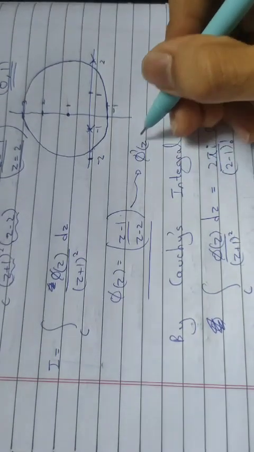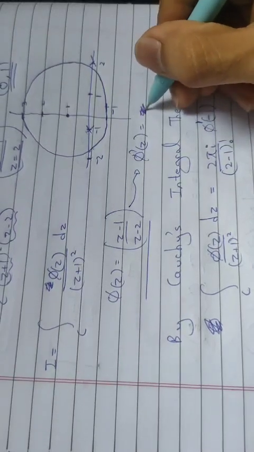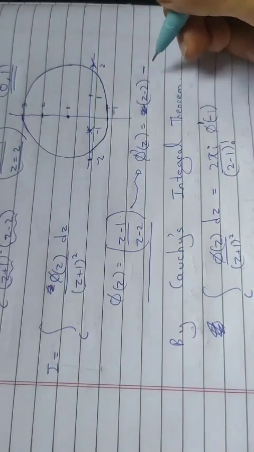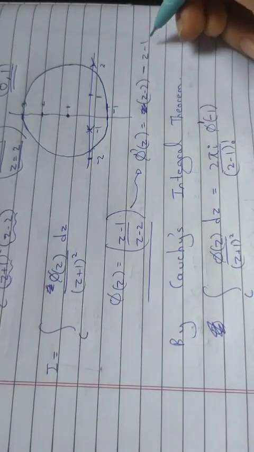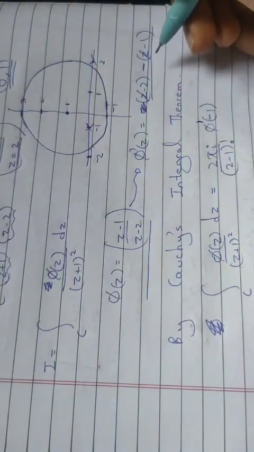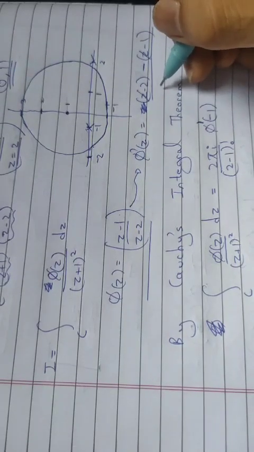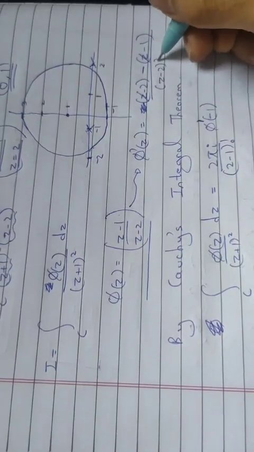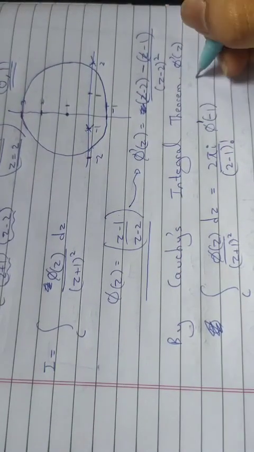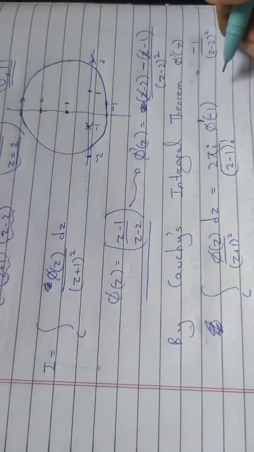We could differentiate it once with respect to z and, by using the u by v rule, we get z minus 2 minus z minus 1, where z will get cancelled. Here we'll get minus 1 in the numerator, and in the denominator we have z minus 2 whole square, so phi dash of z becomes minus 1 upon z minus 2 whole square.